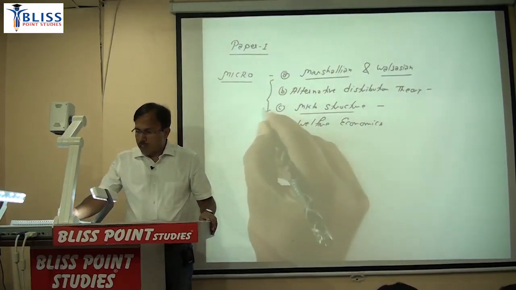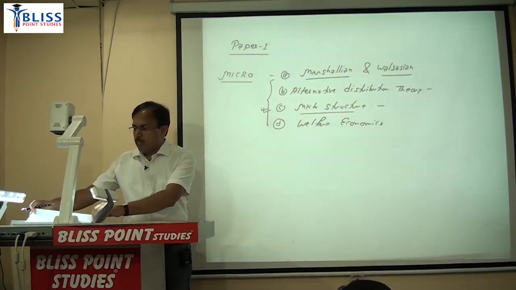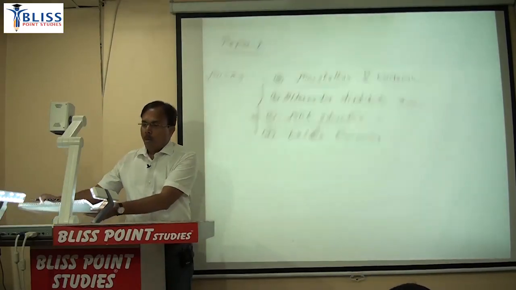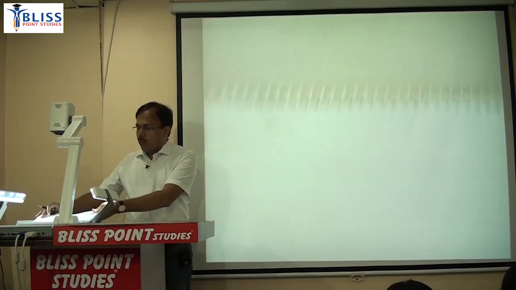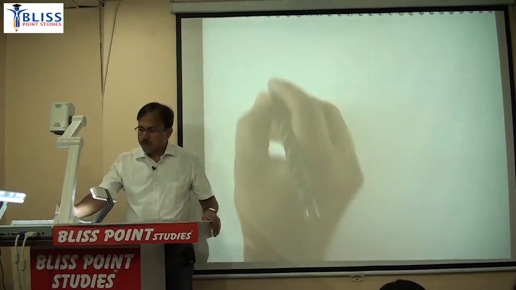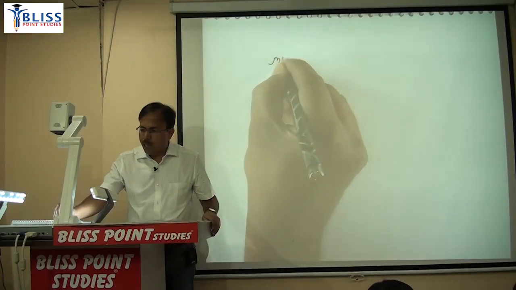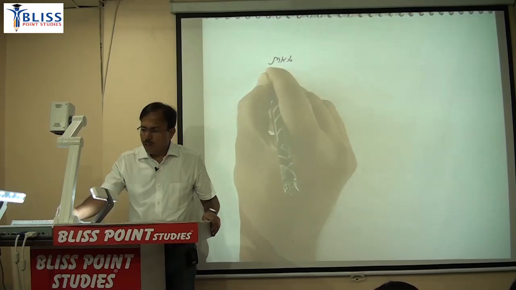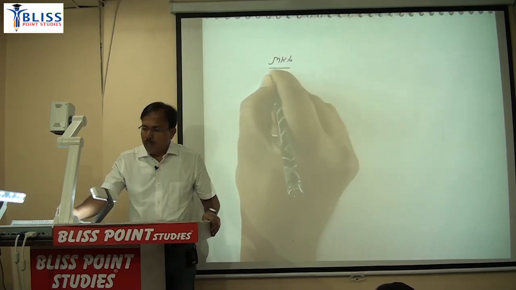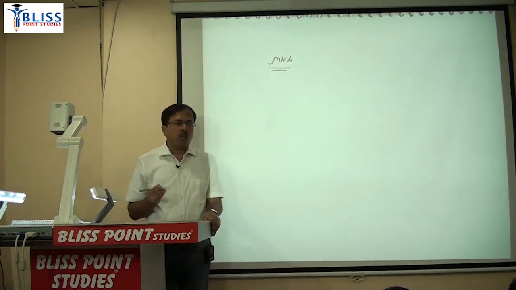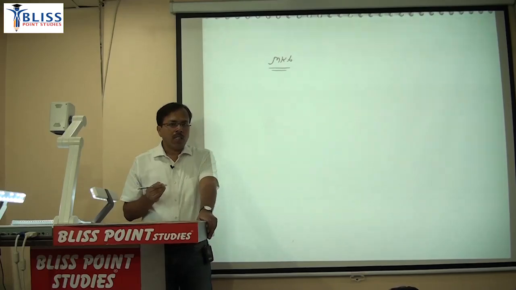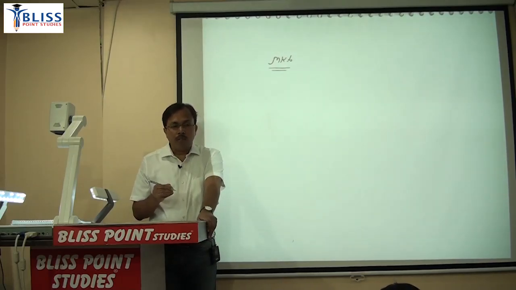We are starting with this third subtopic, market structure. Remember, in micro, when you explain the concept of market, although a market can be categorized on different criteria or bases, we are categorizing market on the basis of the number of sellers in the market.